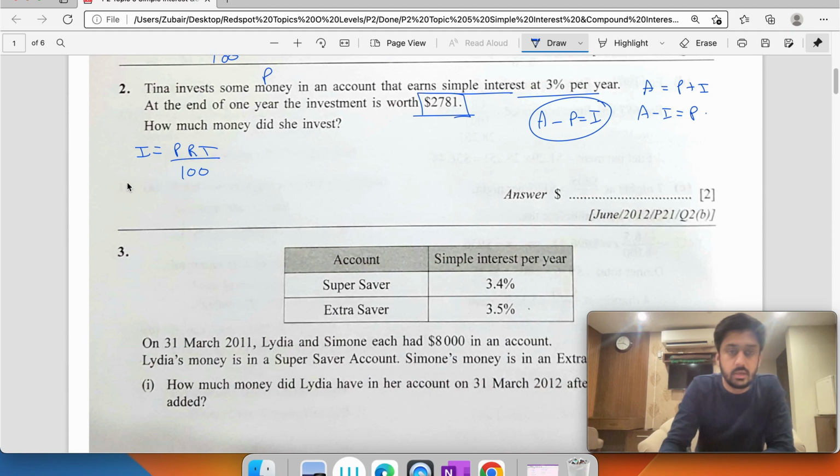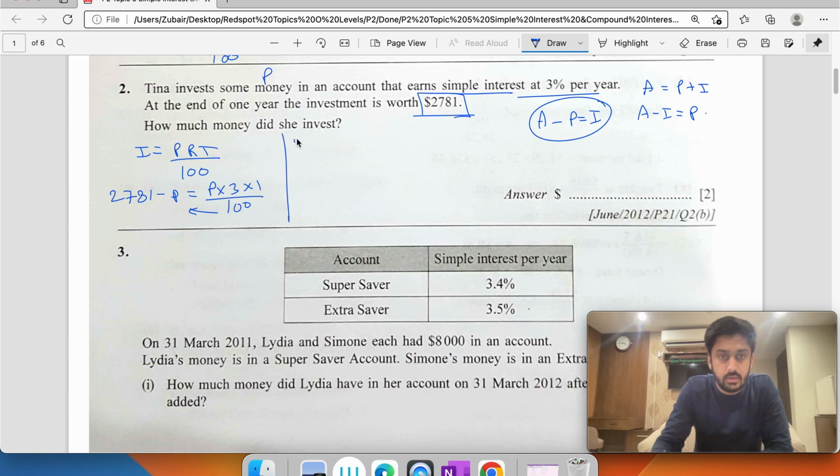Using this formula, amount is 2781 minus principal, this should be interest, is equal to principal is unknown, rate is 3, and time is per year, at the end of 1 year, time is 1, over 100. Cross multiply, we get 278100 minus 100P is equal to 3P.